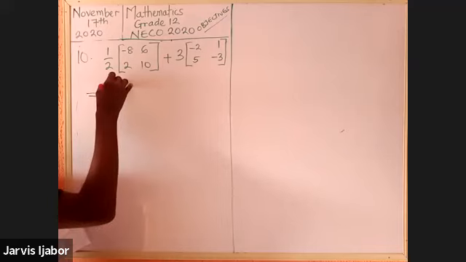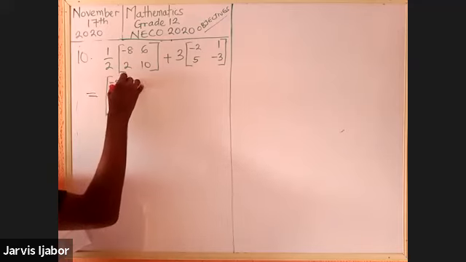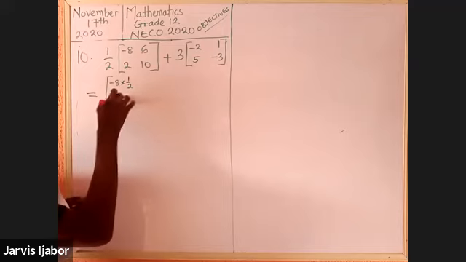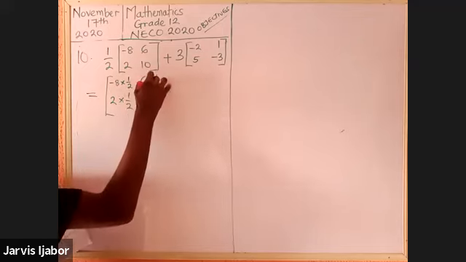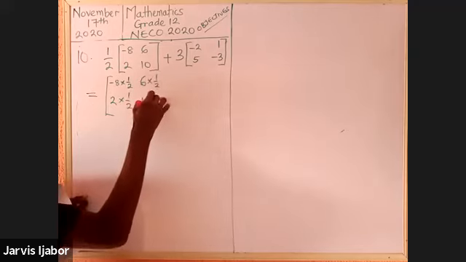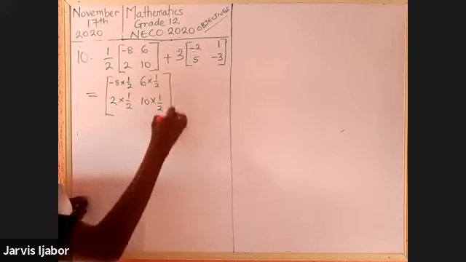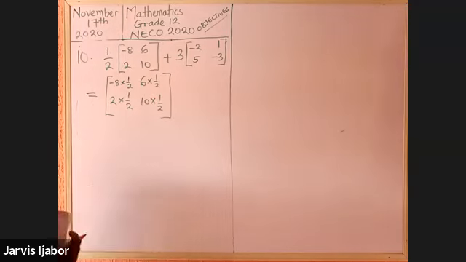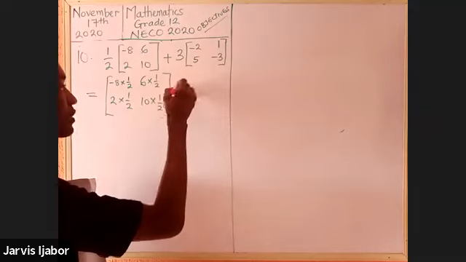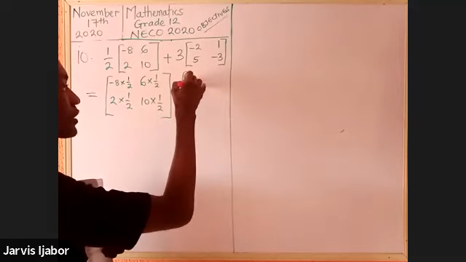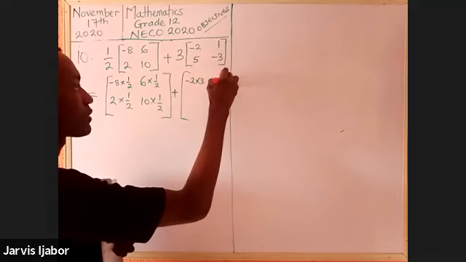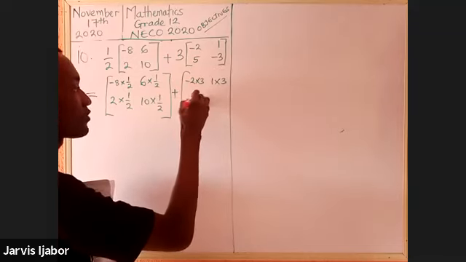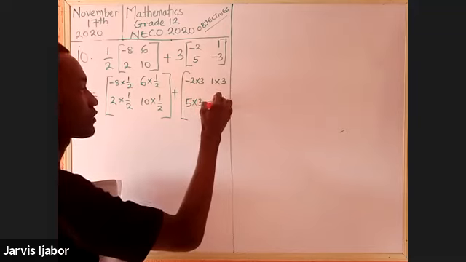That will be -8 times 1/2, 2 times 1/2, 6 times 1/2, 10 times 1/2. Just like what happens in your normal algebra, this will affect everything in the bracket. Then plus -2 times 3, 1 times 3, 5 times 3, -3 times 3.